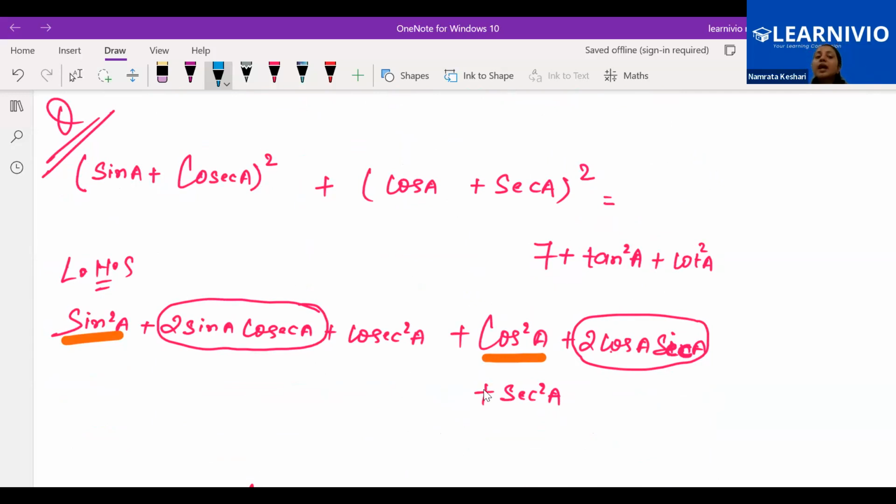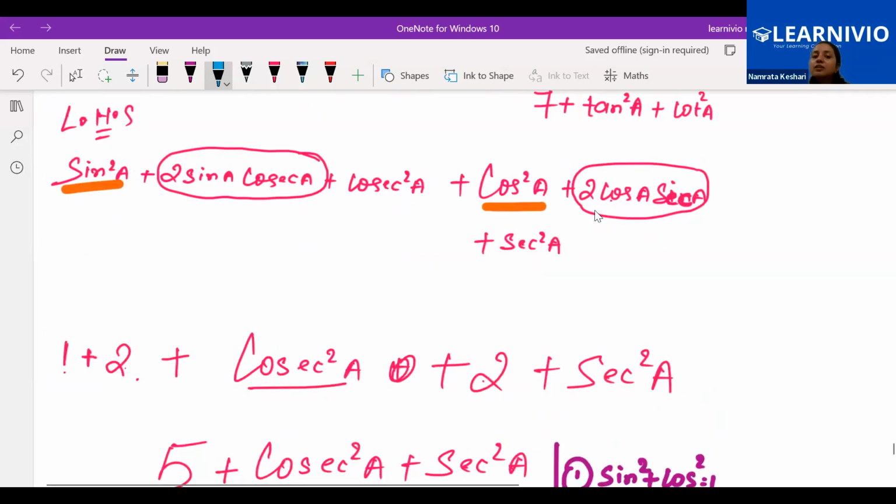What can be done? At first, it looked like the formula a plus b whole square. We did that. After that, sin square, cos square, the identity we found here. We applied the one we have written for that. Then sin A, cos A, we must understand that is nothing but 1. So we have written 2 over here, 2 over there, just 2. After that, cosec and sec as it is, it left out.